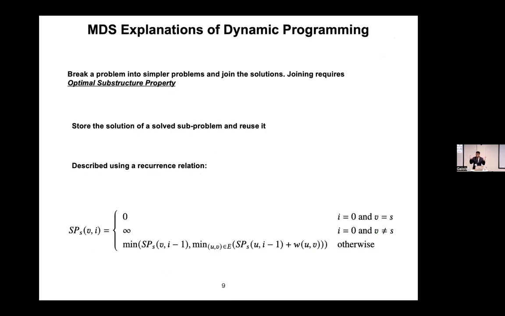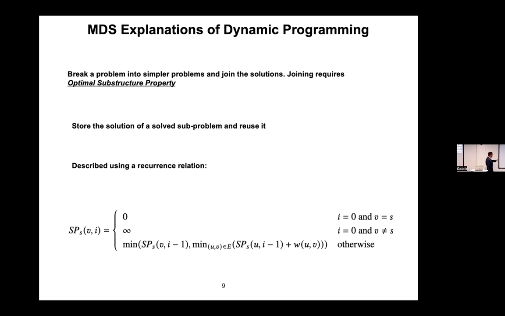You have a complicated problem, you divide it into simpler problems, and you combine the solutions of the simpler problems in order to get the solution of the complicated problem. The reason you can do that is the optimal substructure property. While you're solving these simpler problems, you store the solutions somewhere, so that once you see the same problem, you don't have to perform the computation again.